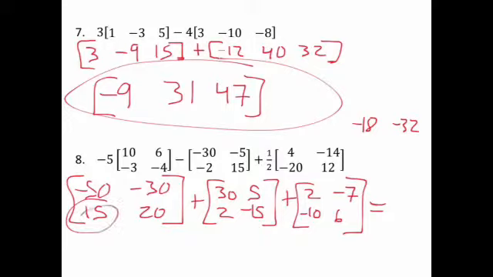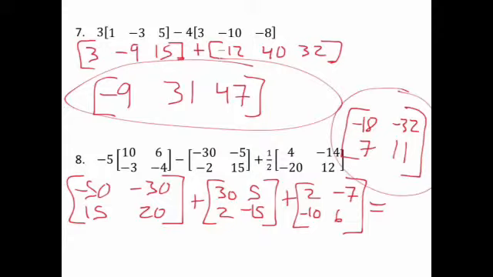And then the next part, 15 plus 2 plus -10. Same thing as 17 minus 10, which is just 7. And then I got 20 plus -15 plus 6. And that's the same thing as 26 minus 15, which is just 11. And there's my matrix. Ta-da!